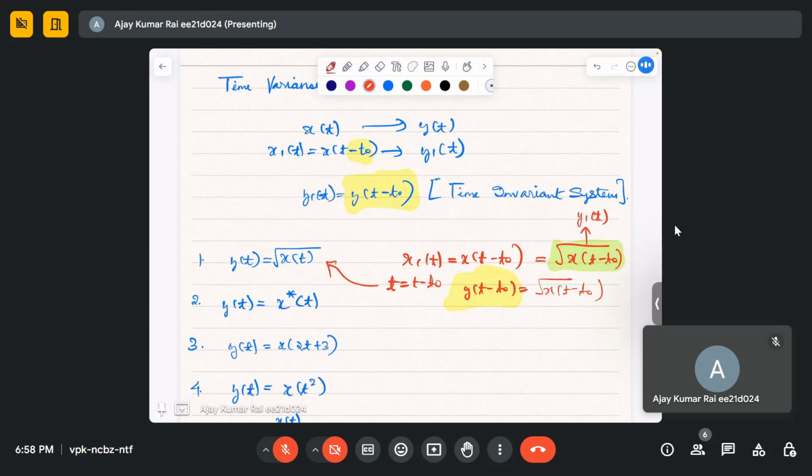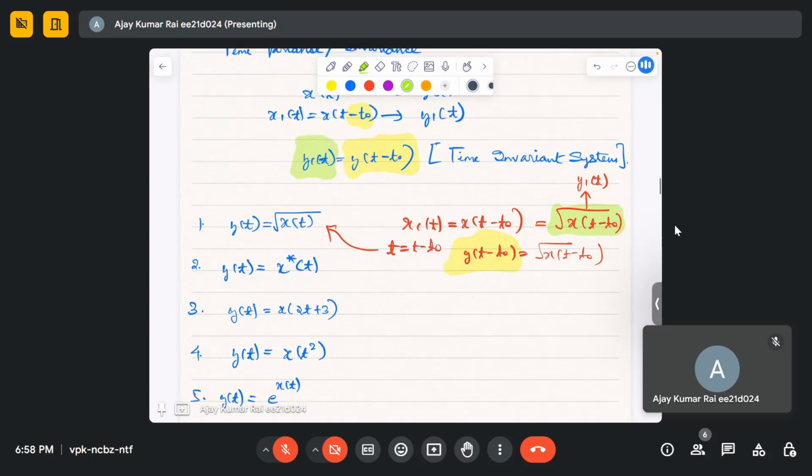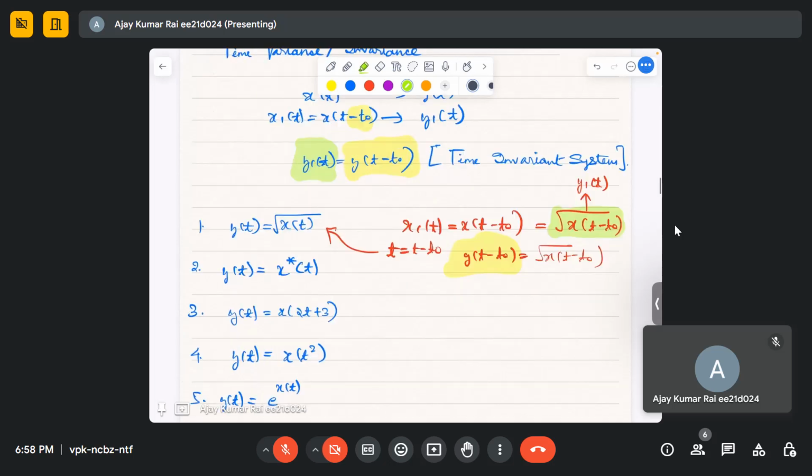So this is also equal to this one here. So I have to see whether both are equal or not. If they are equal, I'll call that as time invariant system. So you can see y1 of t is equal to yt minus t naught. So that's why this first one is time invariant.